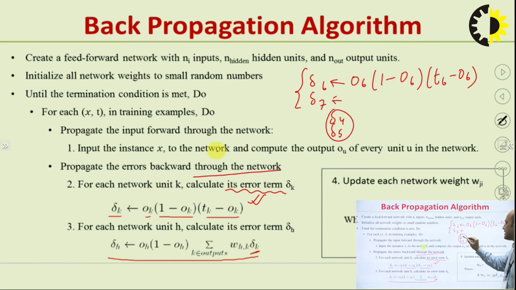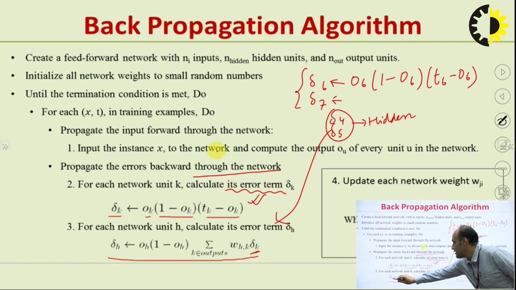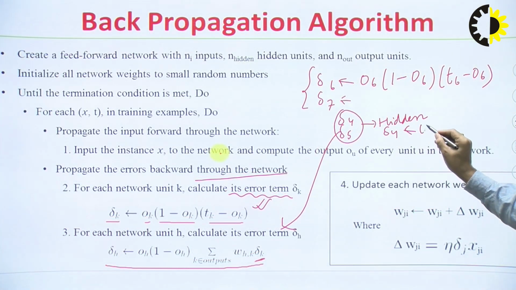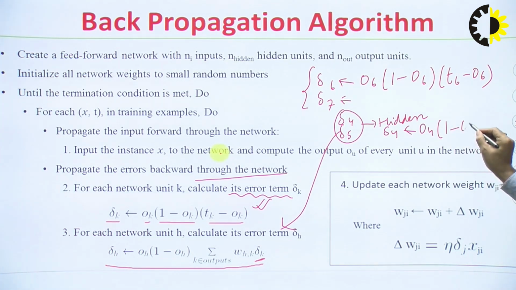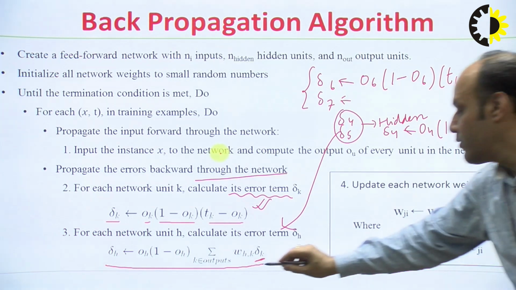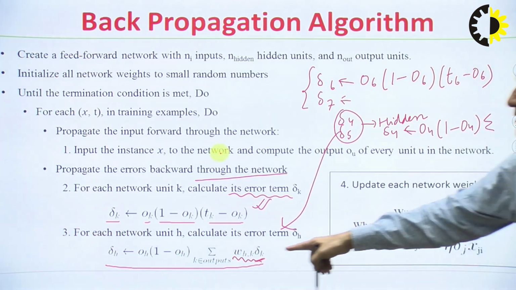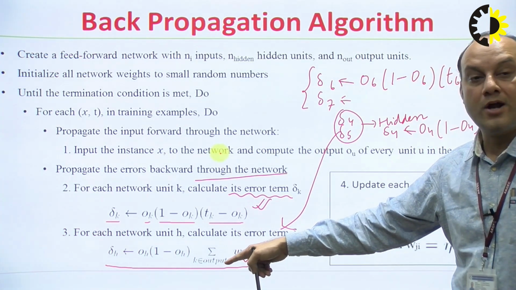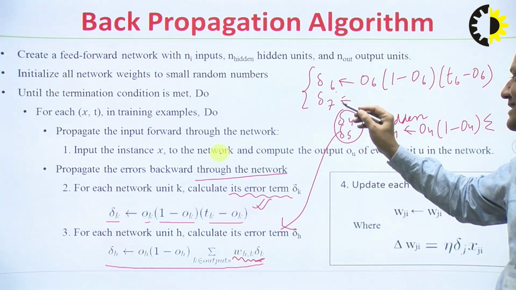So this is the hidden layer. For the hidden layer, I will use this term: delta h, delta 4 equals O4 times 1 minus O4, times a summation. How many output units do we have? We have two output units, delta 6 and delta 7.